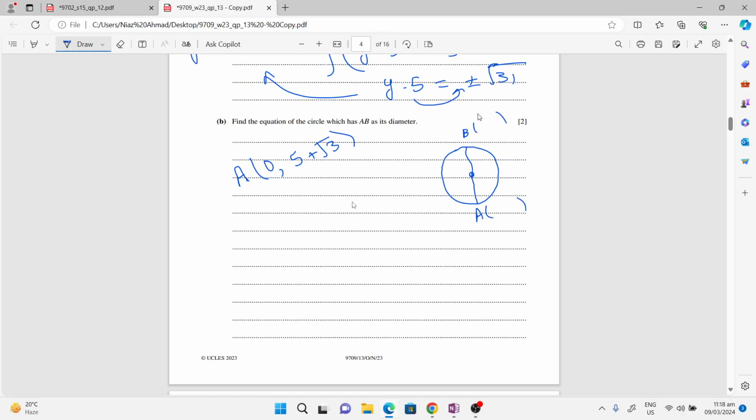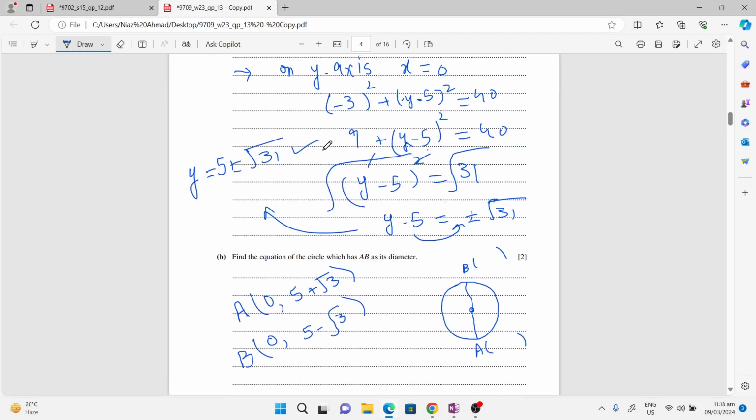Now I am writing the coordinates of B. My B point would be x again 0, but y is 5 minus the square root of 31. It was because my y coordinate was like this: 5 plus or minus the square root of 31. So it's 31, not 3, it's 31.